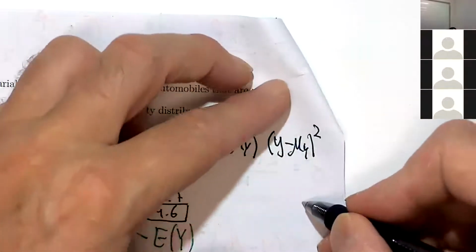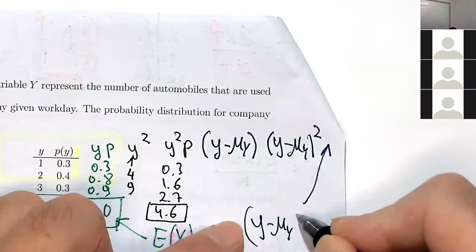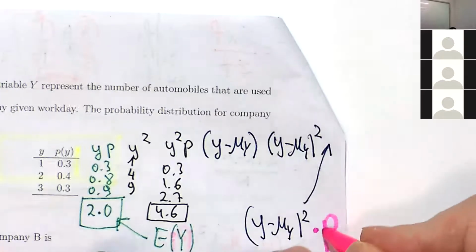So one more column is needed, and that is (y minus mu y) squared times probability.